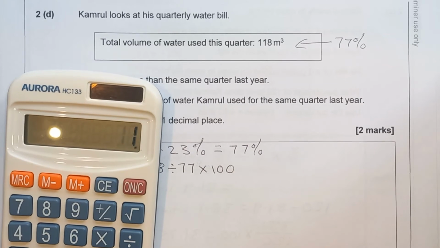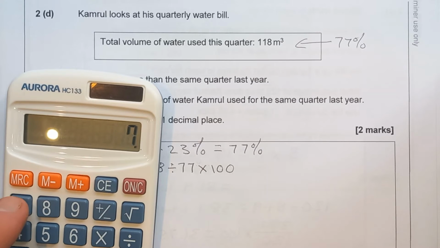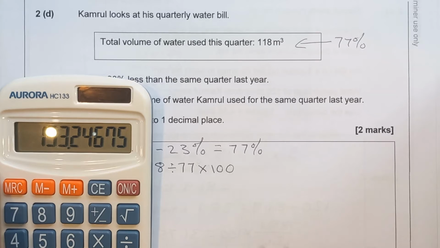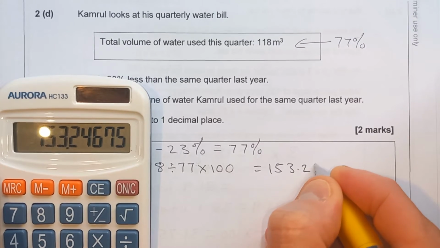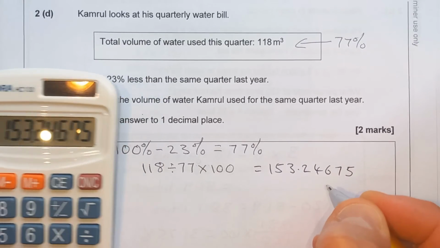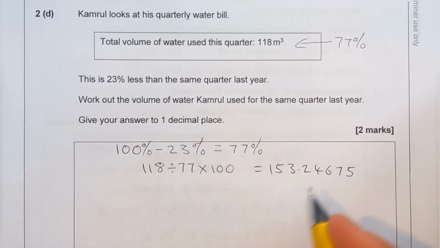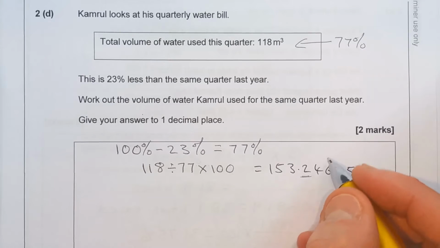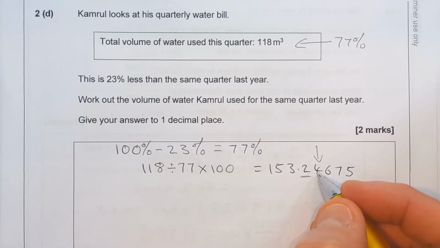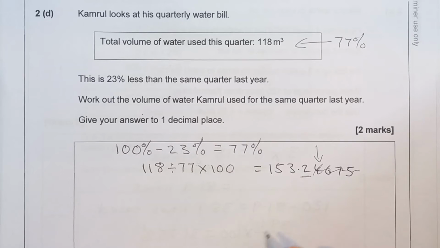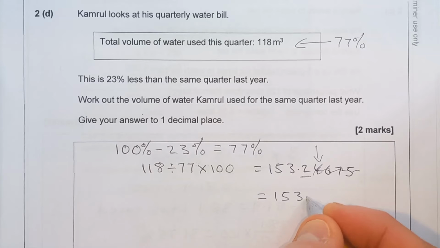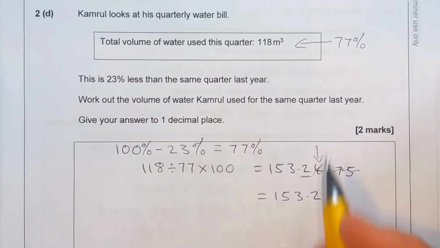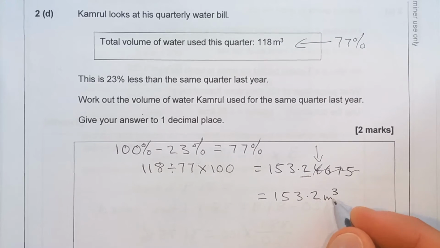So we're going to do 118 divided by 77 multiplied by 100, and we get up to 153 point. I'll write all the decimal places down for now, but we want it to one decimal place. Well, that's the one decimal place, so we look at the digit after it. It's less than 5, so we can just leave it as it is. So it's going to be 153.2, and it's metres cubed.